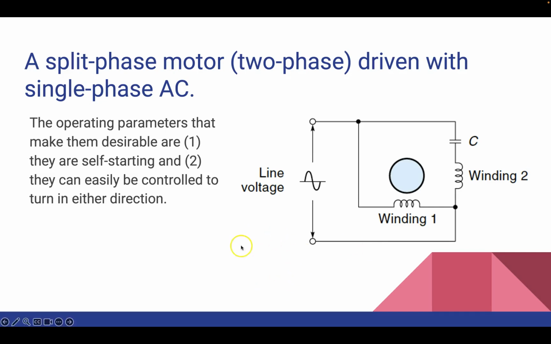The problem is that two-phase AC is not available directly from the power company, so it must be created, usually from a single phase AC, and this adds complexity to the system, but it does provide the opportunity to control the direction of the rotation of the motor, and hence its value as a back and forth type of actuator in the control system.